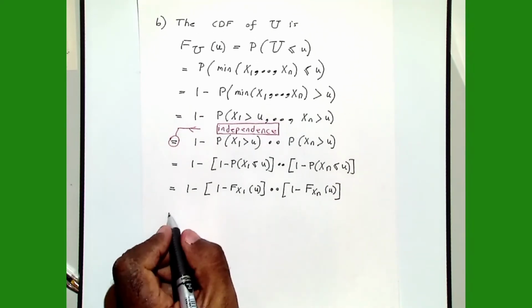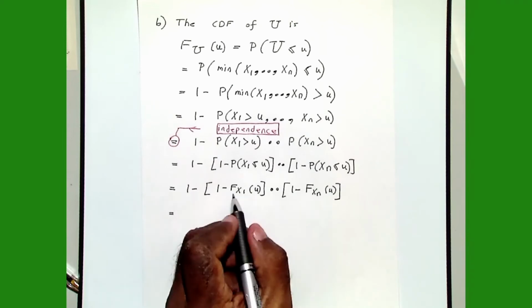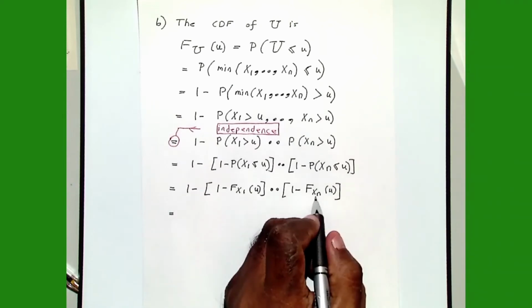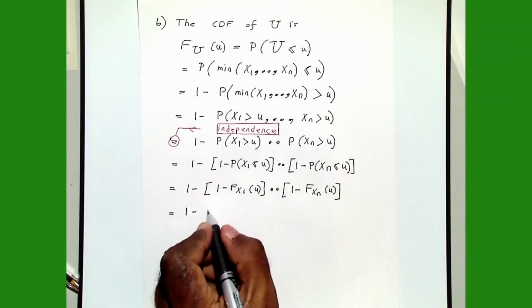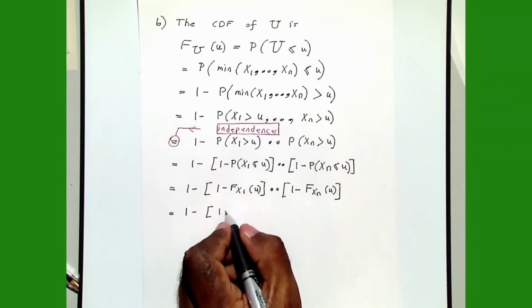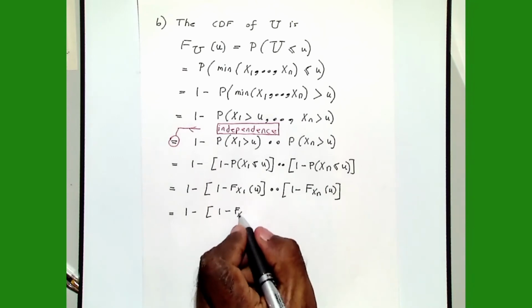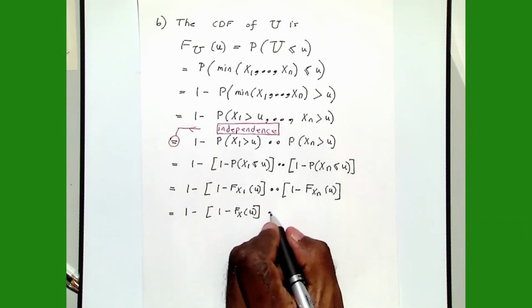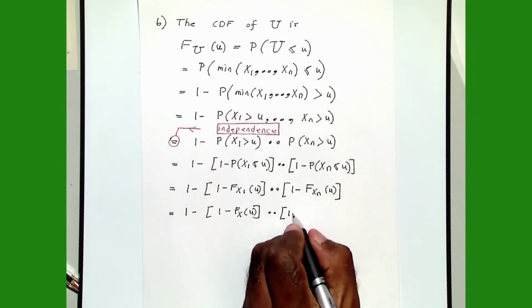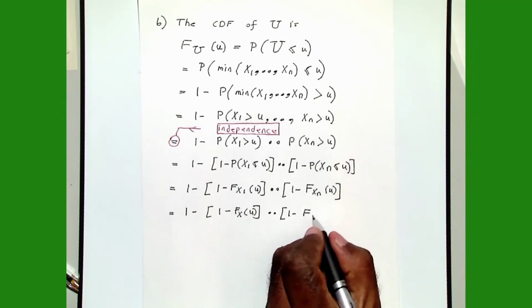And in the next line, because x1 to xn are identical variables, this is the same as 1 minus F x at u, and this is 1 minus F x at u.